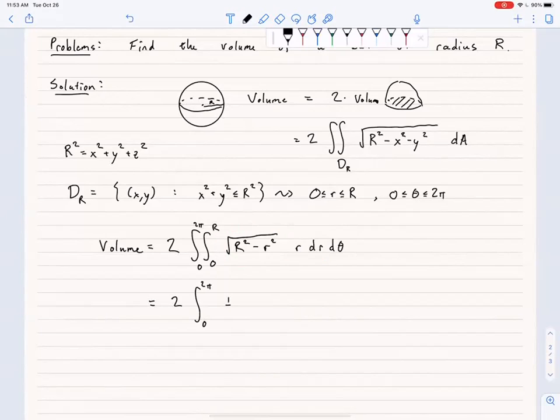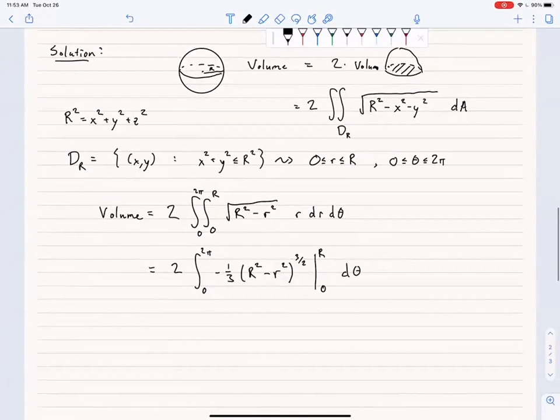So here you're going to get a 1/3 times capital R squared minus r squared to the 3/2, and I think I need a negative here, d theta. So at r equals capital R, this is 0. And at 0, this is 1/3 capital R squared.